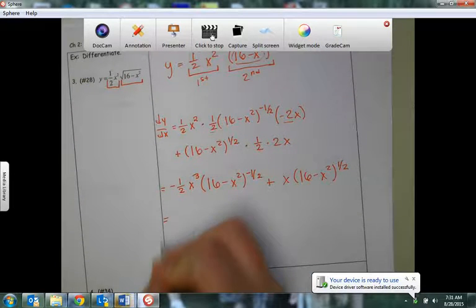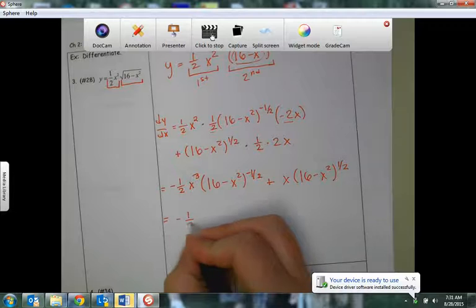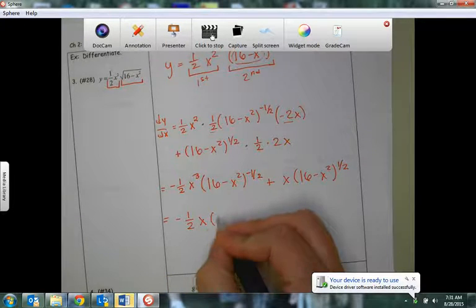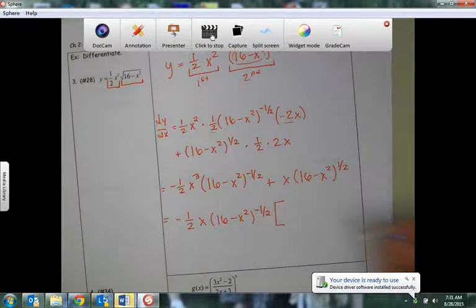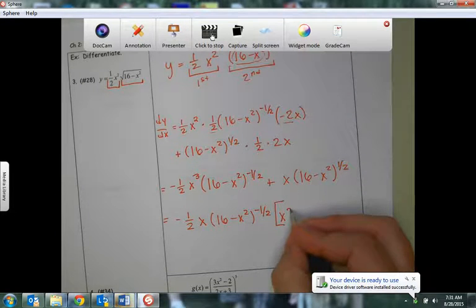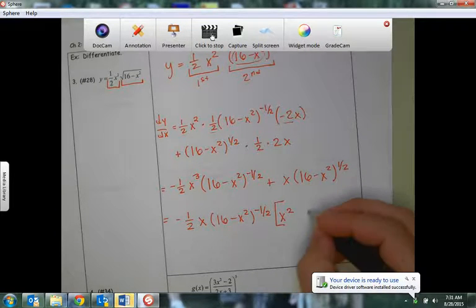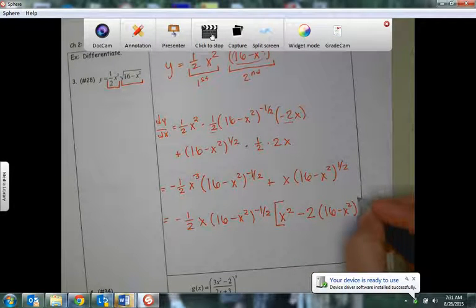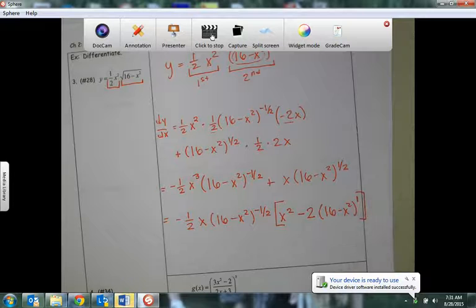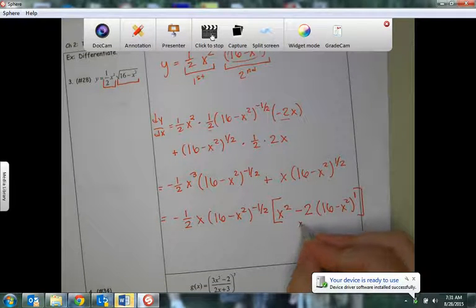So I'm going to take out a negative 1/2 x and the 16 minus x squared to the negative 1/2. So then what do I have left? I have an x squared minus 2 times 16 minus x squared now to the first. So real quick, that's going to be x squared minus, excuse me, 32 plus 2x squared when I put that together.